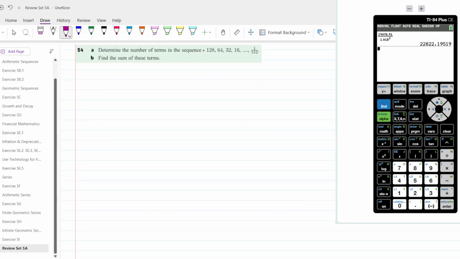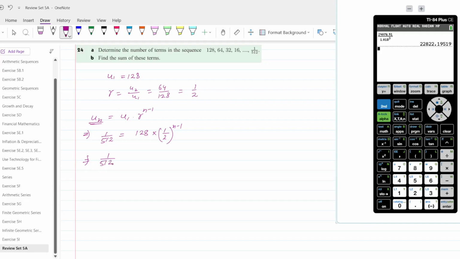Determine the number of terms in the sequence. So we know U1 is 128, R is U2 divided by U1, that is 64 divided by 128, and hence half. We know Un is U1 times R raised to the power n minus 1, and the value of Un is 1 by 512. This equals U1 128 times half raised to the power n minus 1.